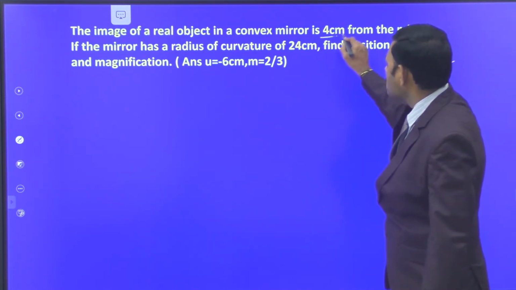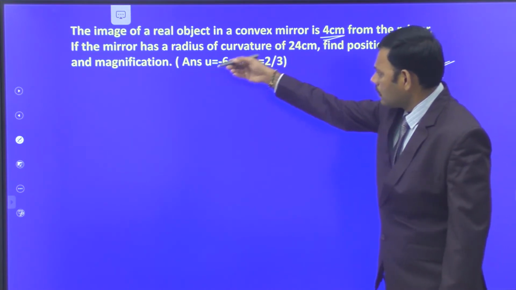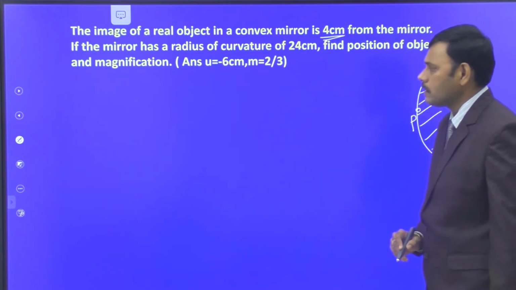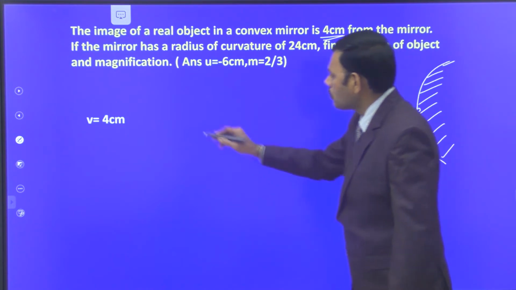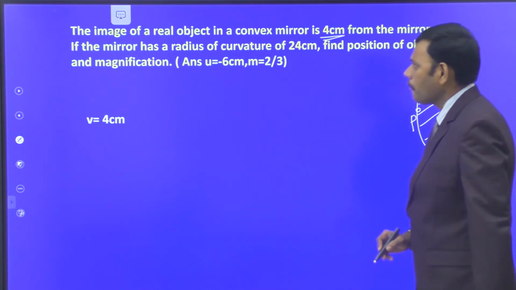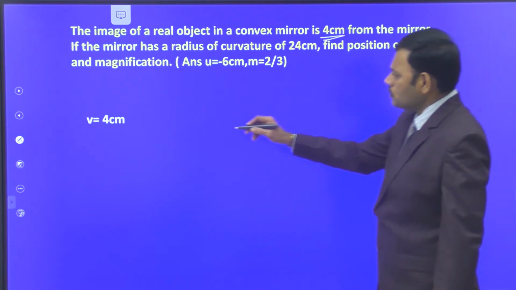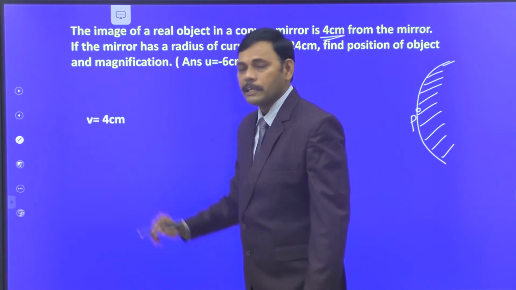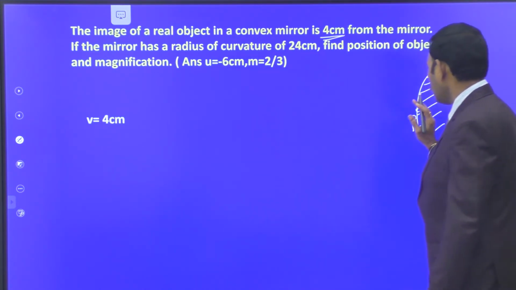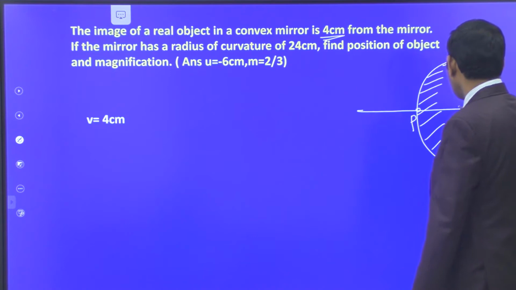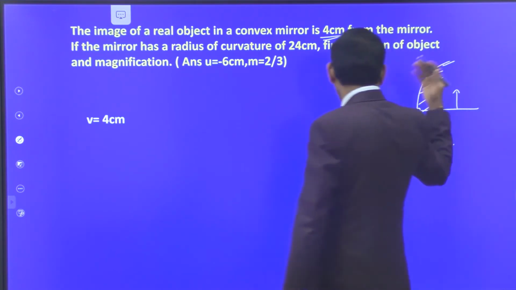Here the image distance is given. Let us consider the data, writing the appropriate values from the given data. So V is equal to 4 centimeters. Here I am not using a negative sign, that is the most important. In case of a convex mirror, it always forms a virtual, erect image beyond the mirror, on the right side of the pole.